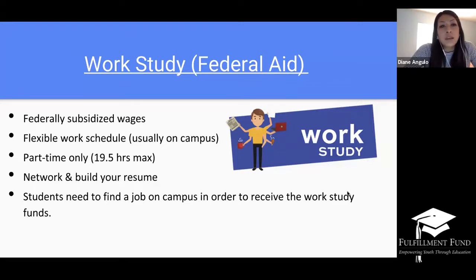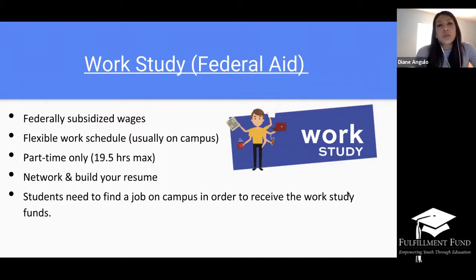Keep in mind that WorkStudy jobs are federally subsidized wages, so it is federally funded. Usually these jobs are very flexible, so they have very flexible work schedules. If students have, let's say, a final and you need some time to study, a lot of times the WorkStudy jobs will be very flexible with you.